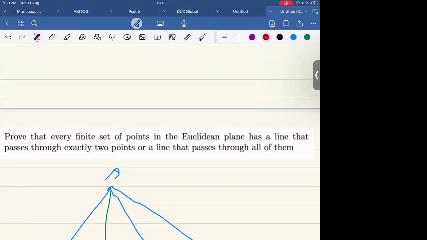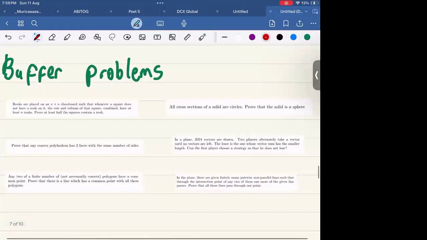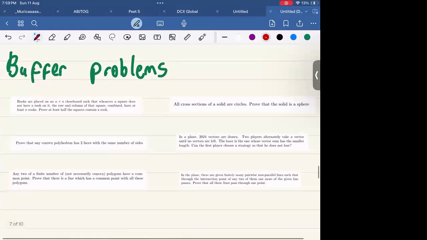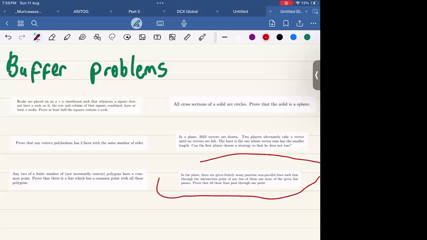Okay, so I'm assuming you're done taking a screenshot. Let's move on. Which problem do you guys want to do, since all of these are really nice problems? Oh, also this sixth problem is very similar to Sylvester-Gallai, which is the problem we were just discussing.